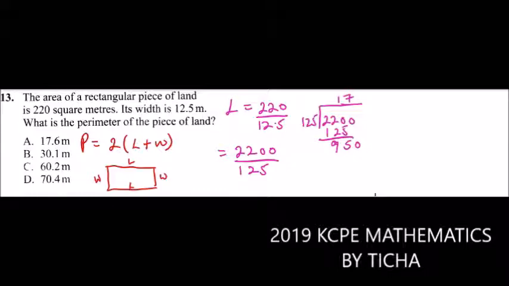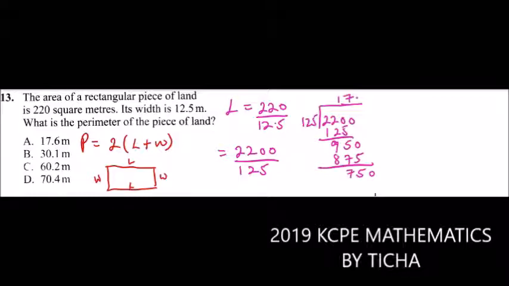7 times 5 is 35. Carry 3. This is 14. So we get 17. Carry 1, and we have 8. You subtract. This is 5. This is 14 minus 7. Here we have 0. So you drop 0.